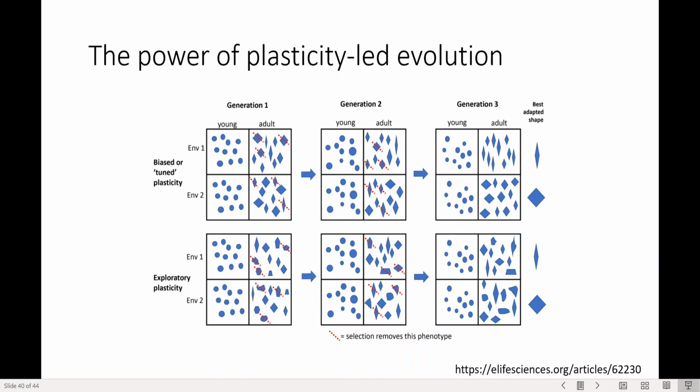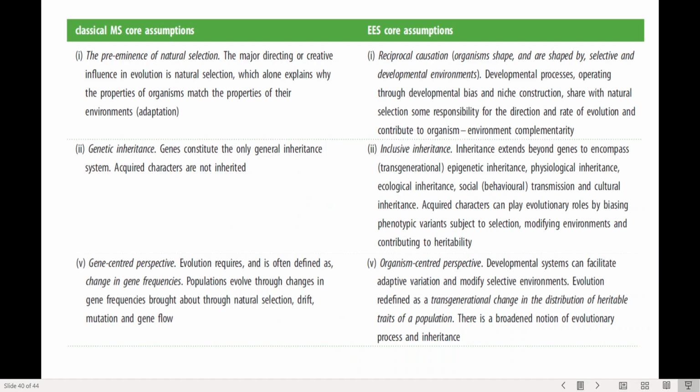And it's only in these rare conditions where the environment is less positive that these maladaptive traits are still prevalent. So the idea really of the extended evolutionary synthesis is this kind of reciprocal causation, where the organisms shape through their actions the environment, which then leads to feedback loops back onto the organism. So the environment is shaped and then shapes the individuals again.